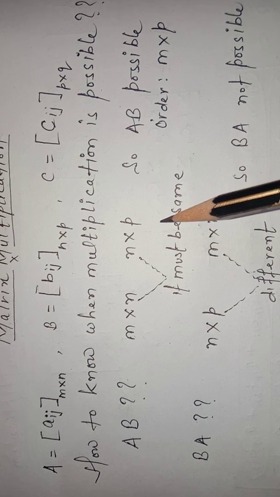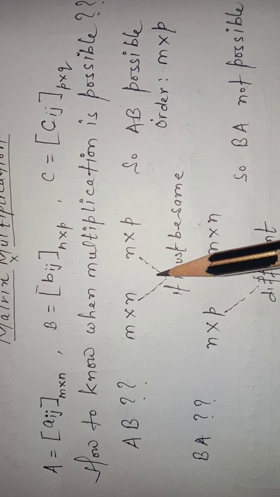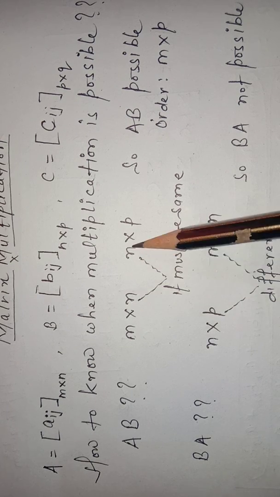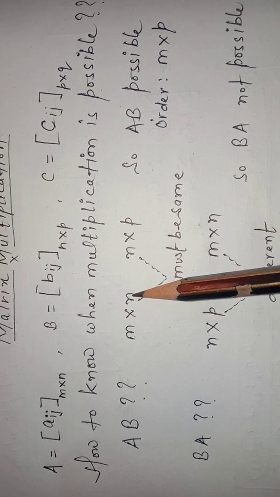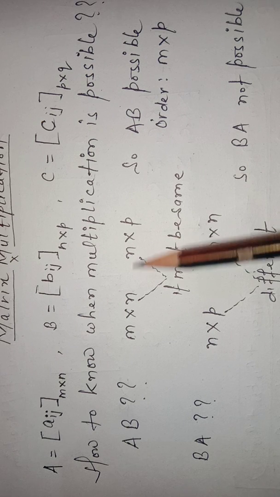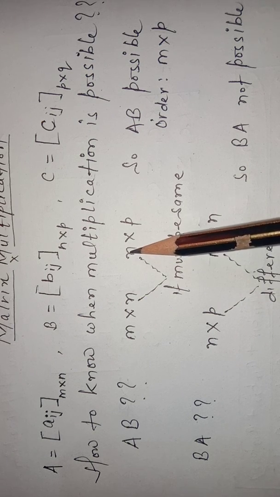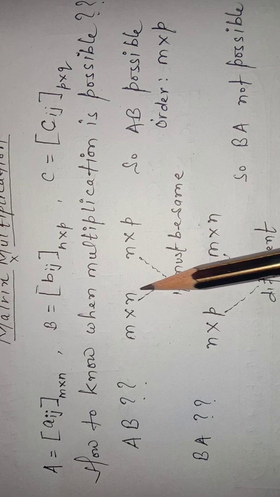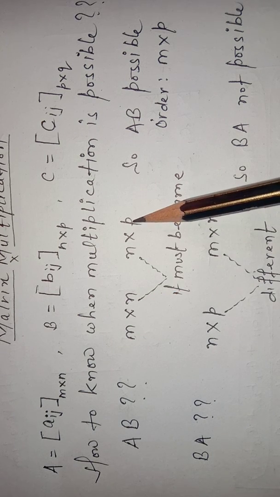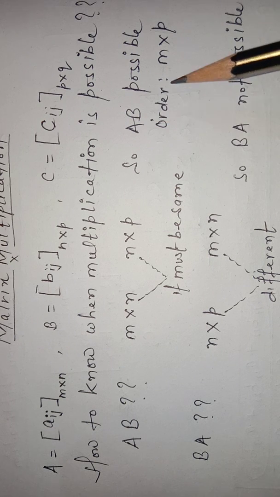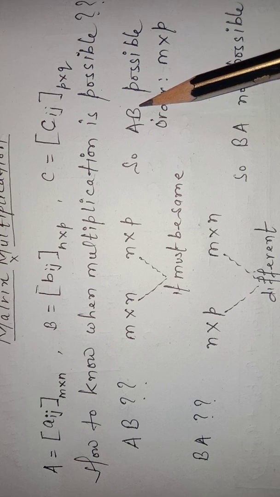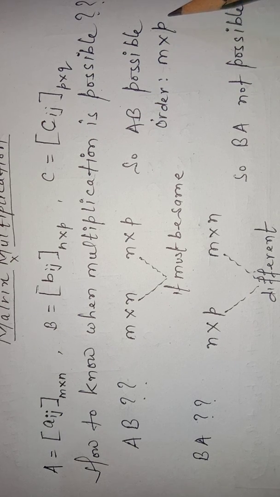You have to check that these two numbers must be the same. When these two numbers are the same, we can say multiplication of the matrices is possible. And when we delete these two numbers, we get m and p. So the final order of the matrix AB will be m by p.